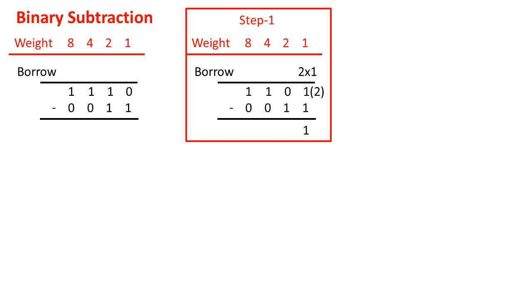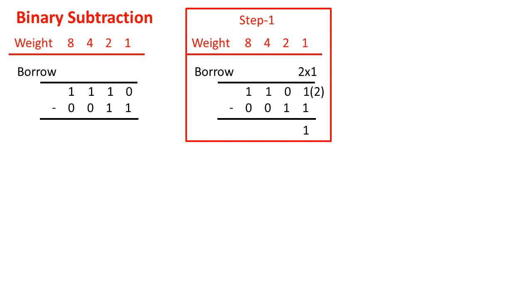But you can observe in the second column from the last, the upper value changed to 0. Previously it was 1. That 1 of weightage 2 has been shifted to the rightmost column.